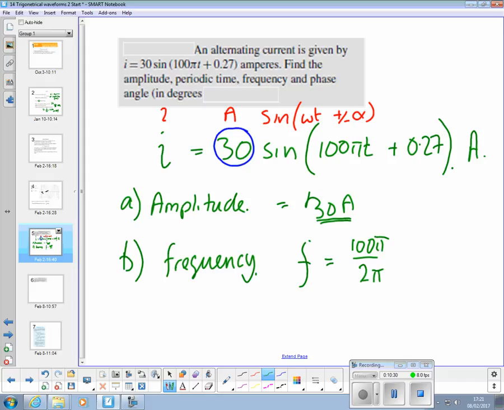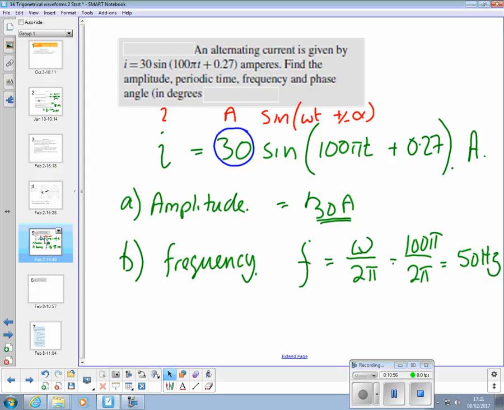So that is, for completeness, so when you go back to it you understand, omega over 2 pi. 100 pi, that's omega, the bit before t, over 2 pi equals 50 hertz.